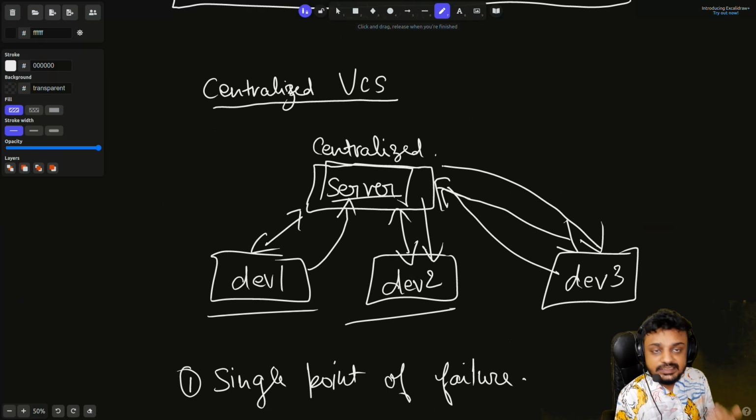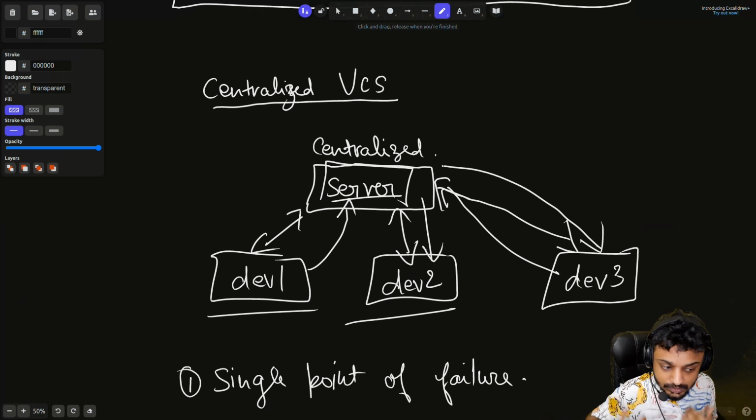Now when this server is down, none of the three developers, dev 1, dev 2, dev 3, would be able to access the changes or the modified code with the latest version on the server. None of them would be able to push or upload their versions to the server, just because the server is down for an hour, because I had an electricity cut.